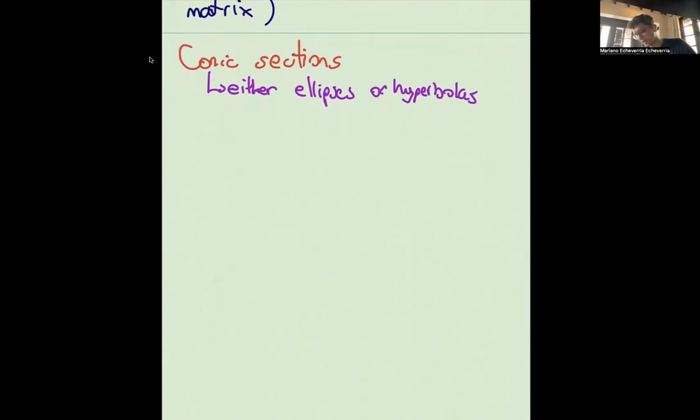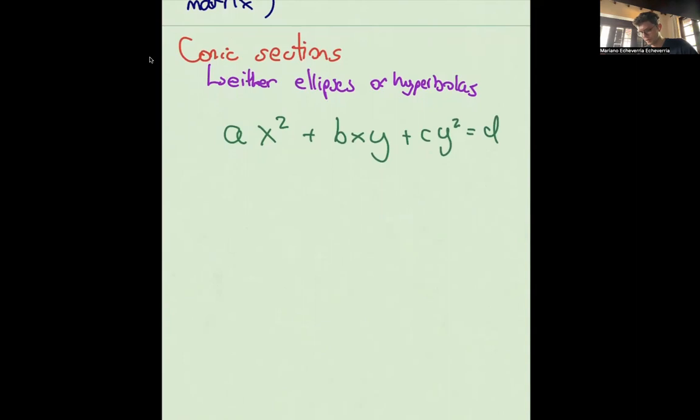Okay, so here's the thing. The equation of an ellipse or a hyperbola is going to be something like this: ax squared plus bxy plus cy squared equals e, where a, b, or c is non-zero.